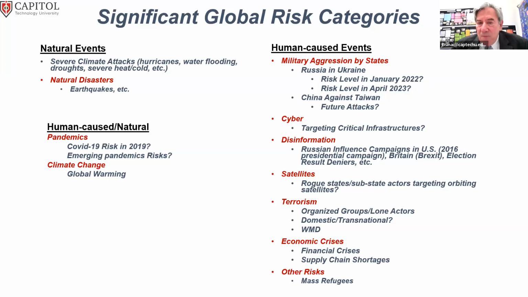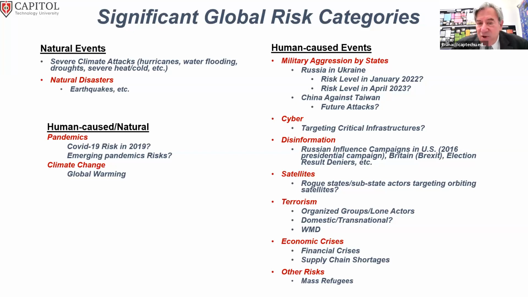Now the presidential election result deniers present a major risk that I'm sure electoral boards and others are preparing to counter. Another major risk is the possibility of rogue states or sub-state actors targeting orbiting satellites, which could damage the critical infrastructure in space.